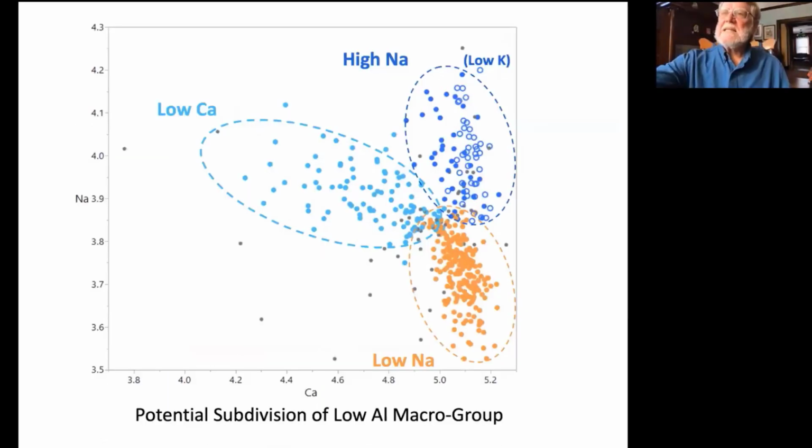So then Leah Mink decided that she wanted to look at the low aluminum macro group and see if she could divide it up into subgroups. It didn't really work.